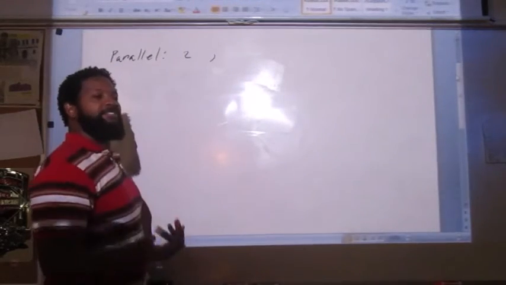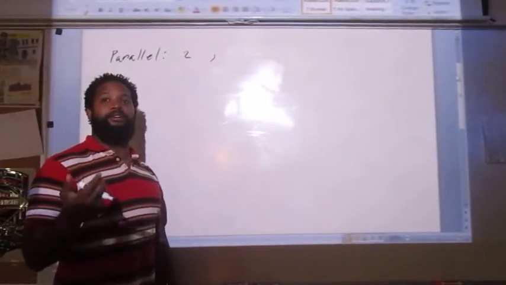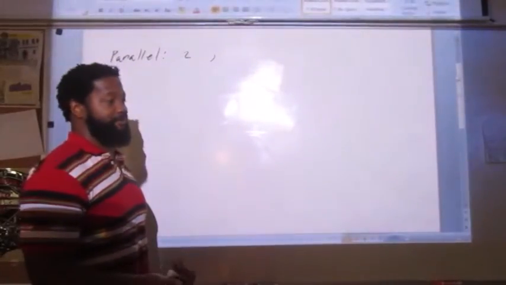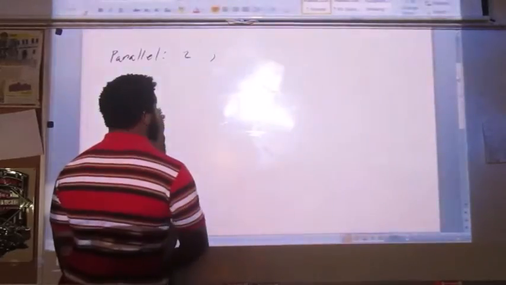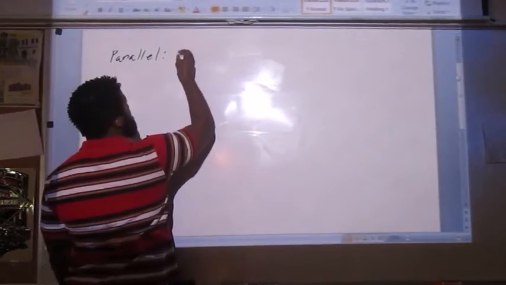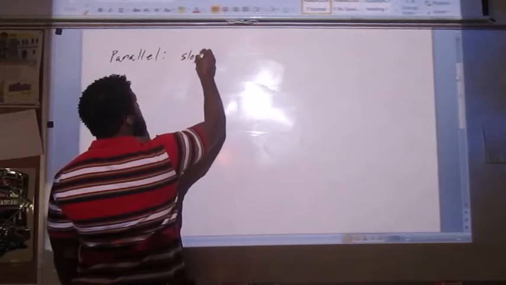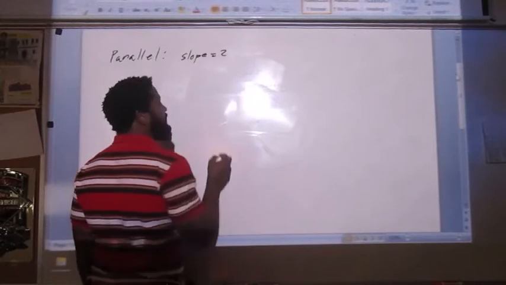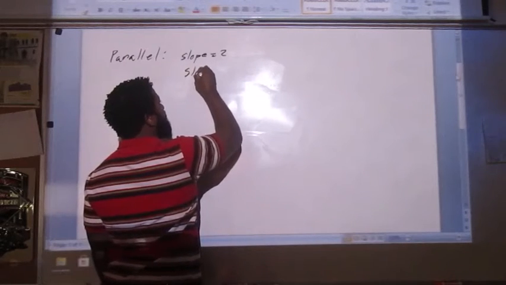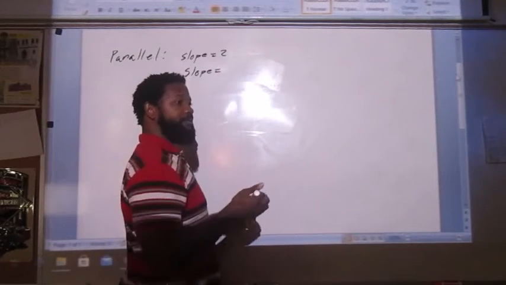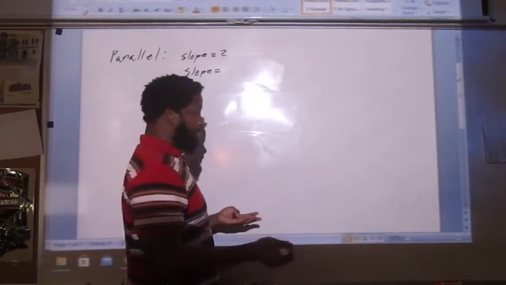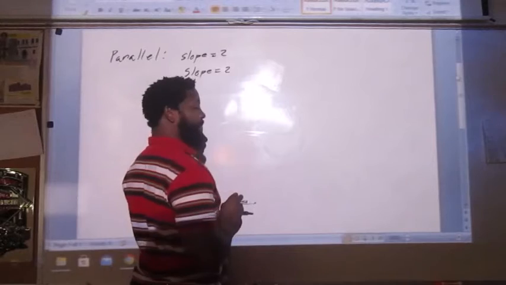What is our definition of parallel lines? Their slopes are the same. So if one line has a slope equal to 2, then the other line will have the slope equal to what? 2.